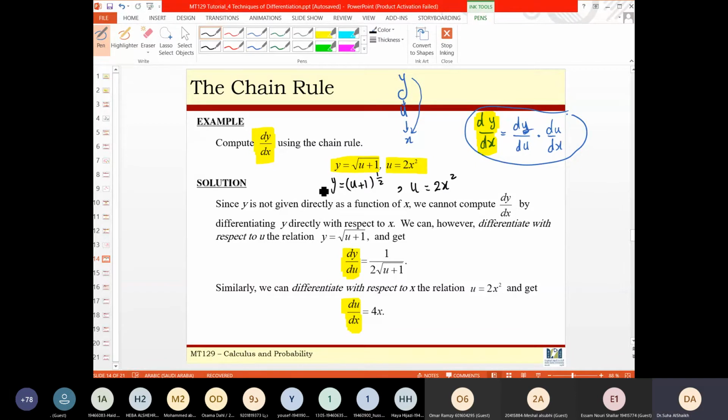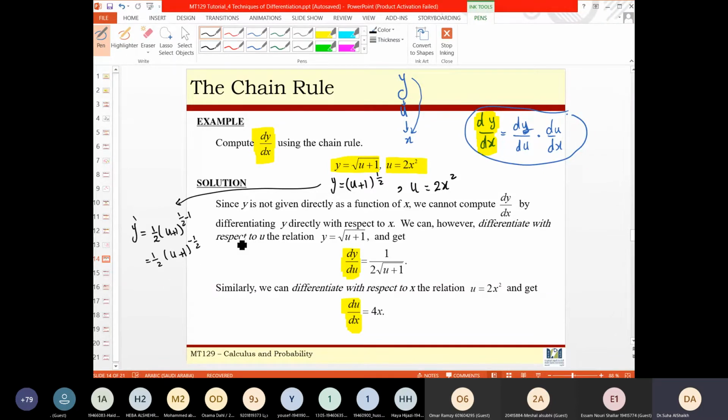How do we do this? I can say y dash, for example. It is half times u plus 1 to the power half minus 1. This is half times u plus 1 to the power minus half.